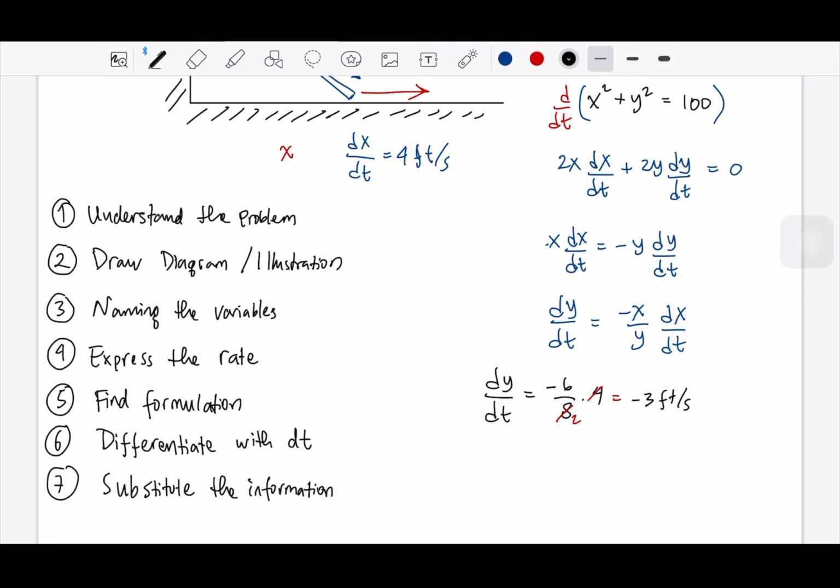Why do we need to differentiate? Because we need to express the rate within the formula. And then you find the information, substitute, and we find our goal. So actually the task is quite simple. The problem is how to understand the problem and how to connect with the formula. That's mostly the problem.